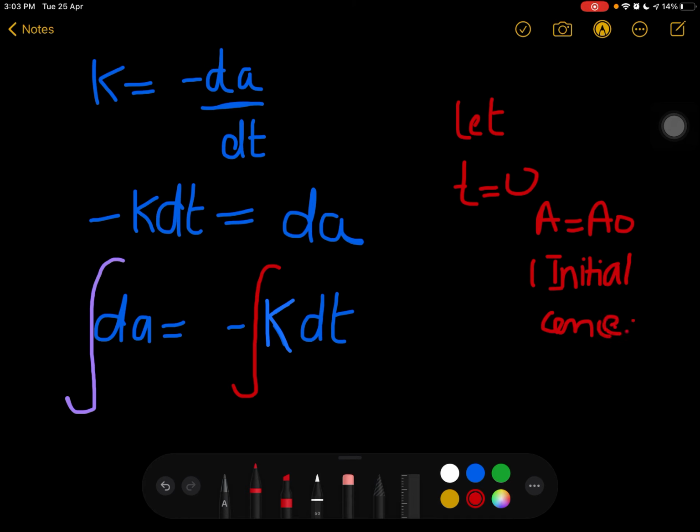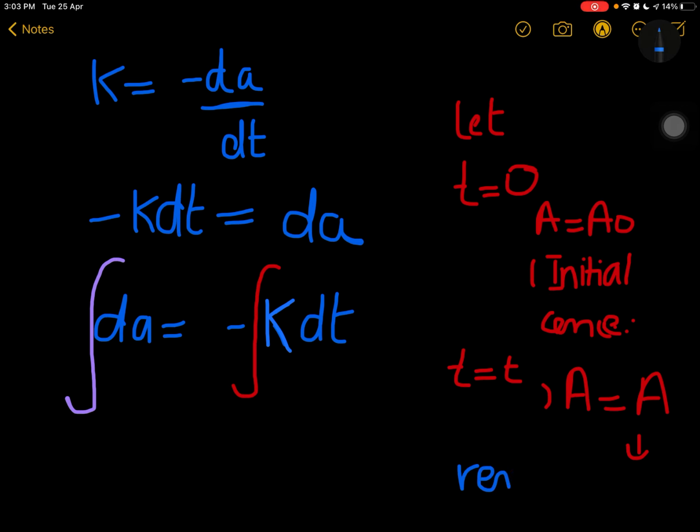Then when time is equal to T, we'll say that the concentration is A. Basically this concentration is known as the remaining concentration.